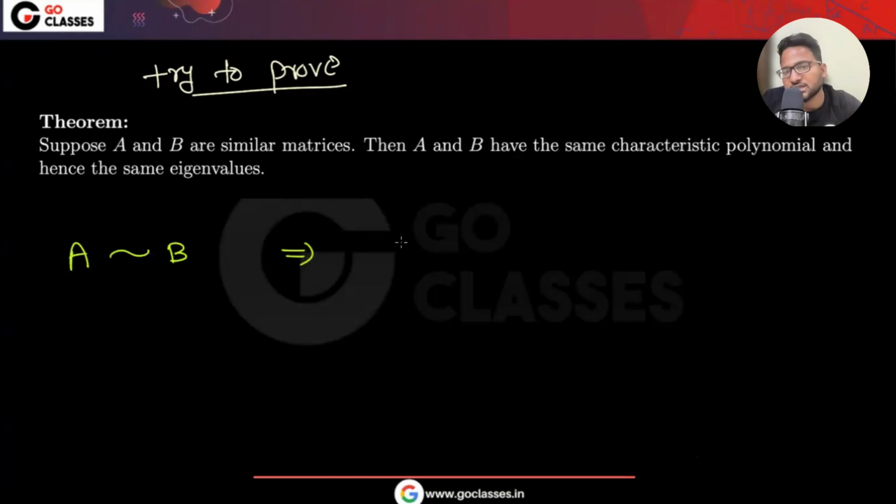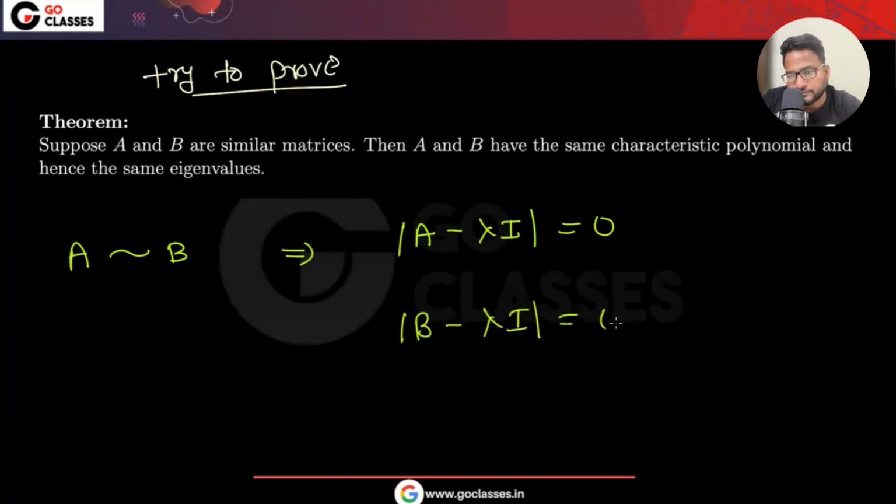So what is the characteristic polynomial? You can write the characteristic polynomial for A like this, right? And the characteristic polynomial for B will be something like this, right? They are saying that they have the same characteristic polynomial, which means the lambda is the same. In both the cases, the lambda is the same.